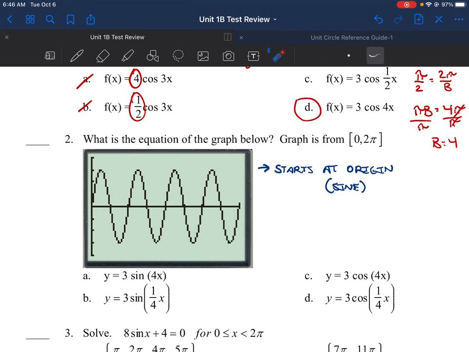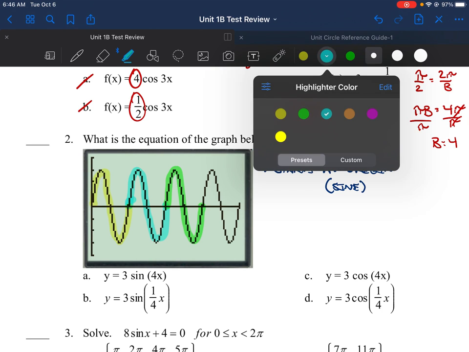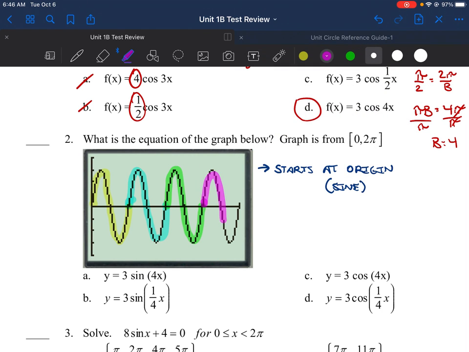So if I'm thinking about the problem starting right here, let's count the number of cycles that we can see. 1 cycle, 2 cycles, 3 cycles, 4 cycles. There are 4 complete cycles from 0 to 2 pi.